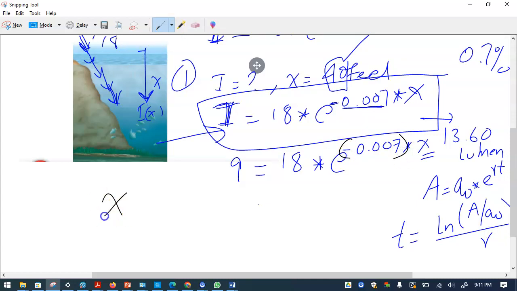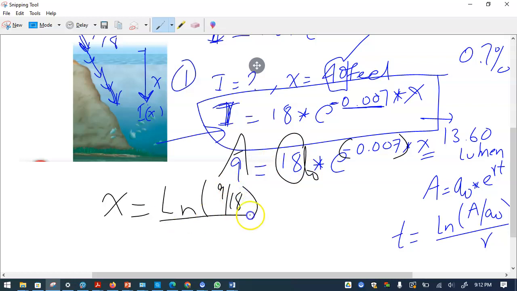So to figure out this x, you put ln, and then the a, and this is a naught. So I put 9 over 18, which is half, of course. And then the r here is minus 0.007, because it's decreasing. You put this in the calculator, and you end up getting 99 feet.